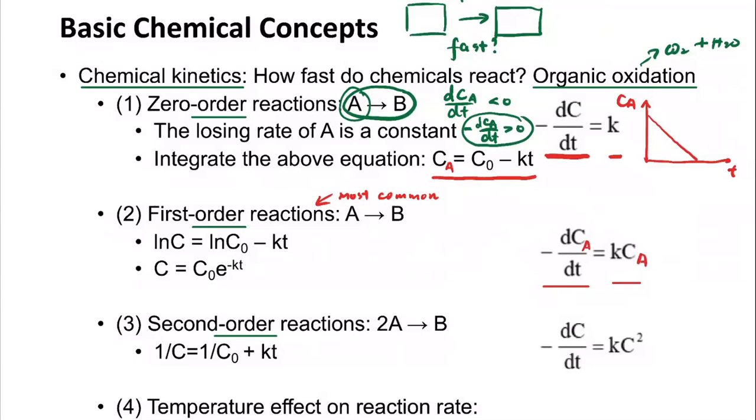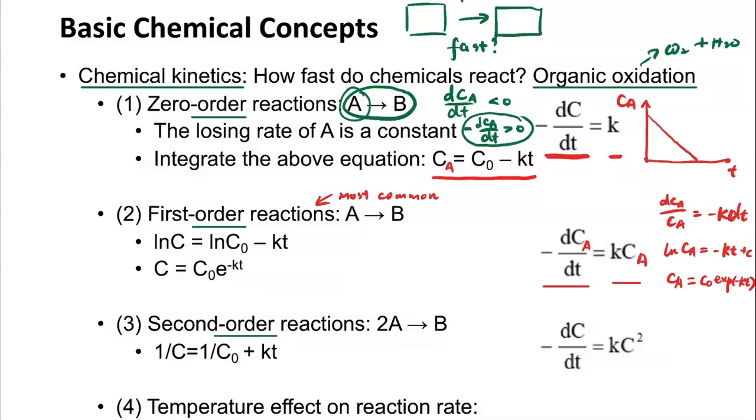I think from calculus, you know that we can integrate this equation. So dCA divided by CA is going to be equal to negative K dt, right? If we do the integration, we're going to have log CA equal to minus Kt plus C. Further, we can solve that CA is going to be equal to C0 exponential of negative Kt.